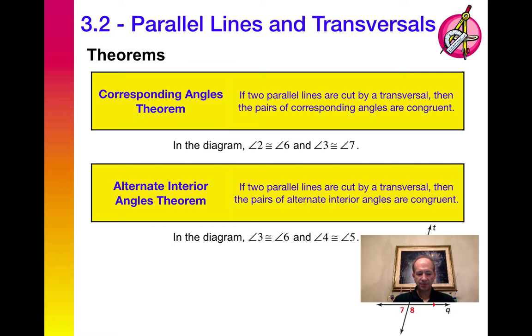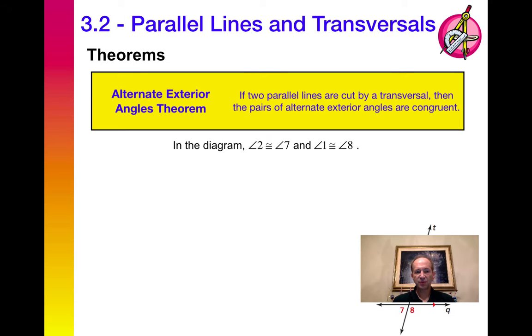So 3 and 6 are alternate interior, so they are congruent. 4 and 5 are also congruent. Those are the only two pairs of alternate interior angles.